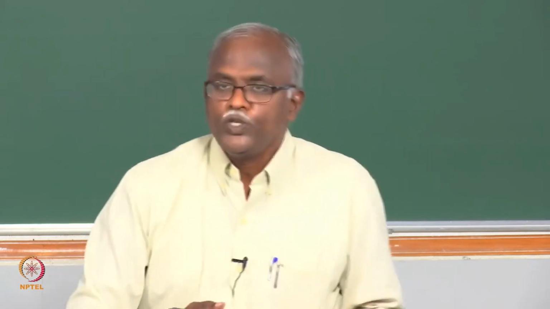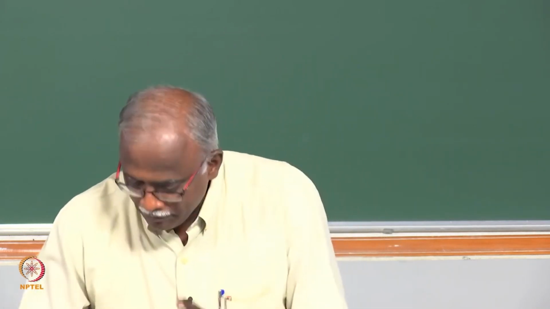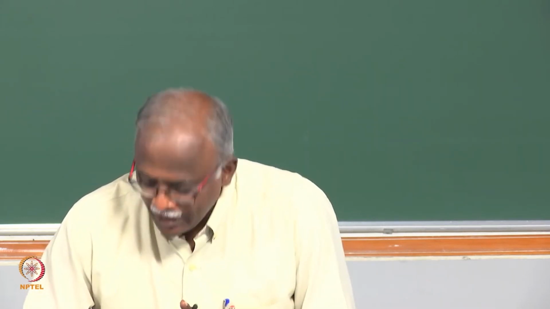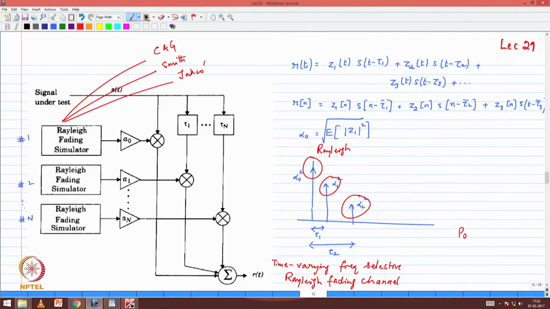But in order to know what those properties are, I would definitely recommend that you take a look at the propagation handout that has been given to you. It tells you the model and also the basic properties of the Jakes model, so that you can appreciate it when we discuss it in class. The handout has been uploaded in Moodle.